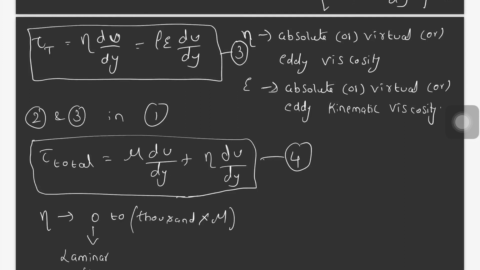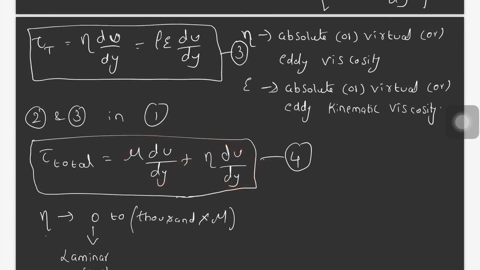When it is a laminar flow, eta value is equal to 0. When it is turbulent flow, depending on how high the turbulence is, the value of eta varies from 1, 2, 3 to thousands into mu. When it is a laminar flow, eta is 0. When it is a turbulent flow, this value becomes so large that only we will consider this value. That is the importance.